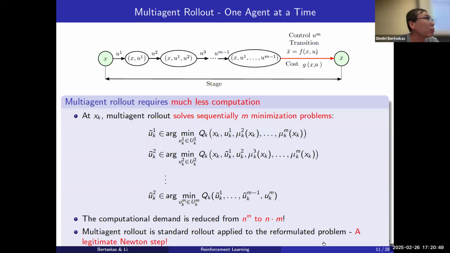And this minimum number is an upper bound of the cost function of the attained multi-agent rollout policy. And this upper bound is larger or equal to the upper bound computed by the standard rollout that considers all the possible combinations of this u1, u2, and uM.